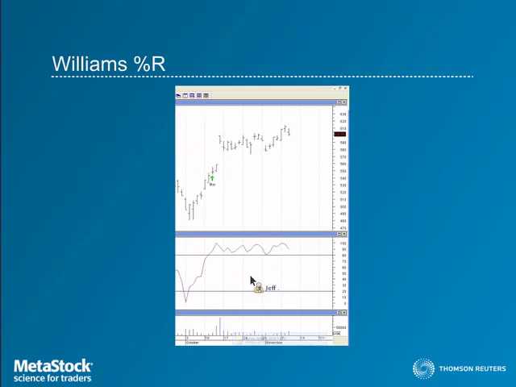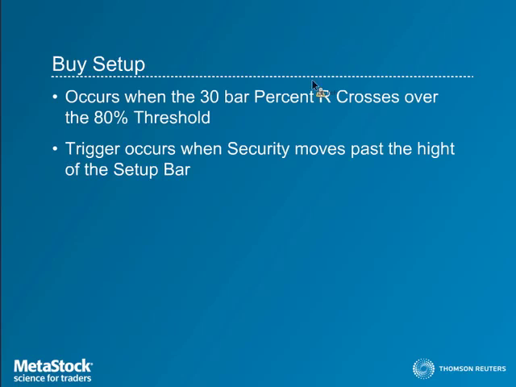This is the way that it'll look in a chart. We'll get into an example. These are the three indicators that he likes to use. His buy setup for this one is he's looking for the 30 bar percentile cross above the 80% threshold.